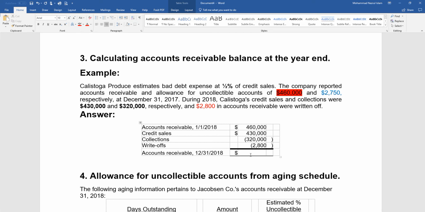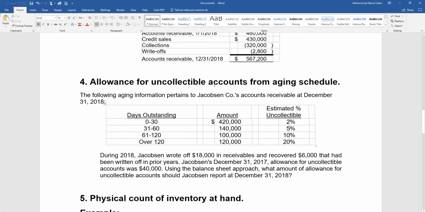So our final balance would be 567,200. This is how you will be calculating the accounts receivable balance at the end of the accounting period. And allowance for uncollectible accounts from aging schedule.